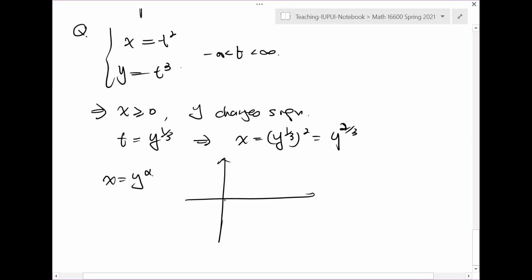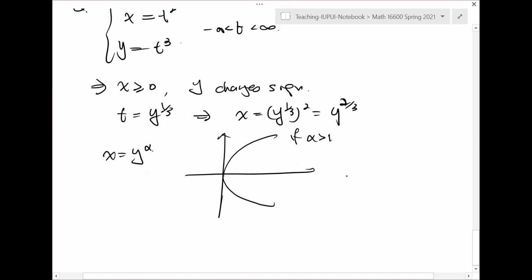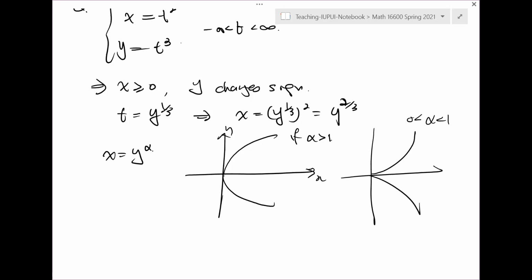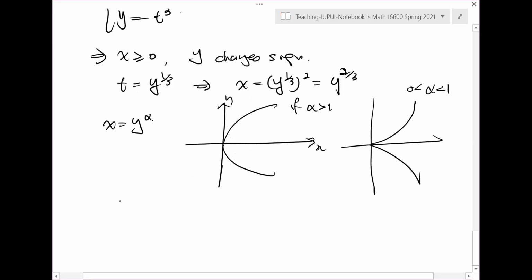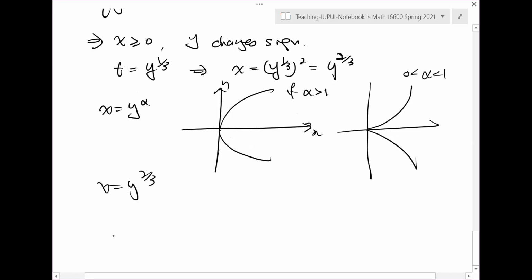If alpha is greater than 1, it looks like a parabola. If alpha is less than 1, in that case, for our example, x equals y to the 2/3, the graph looks like that.